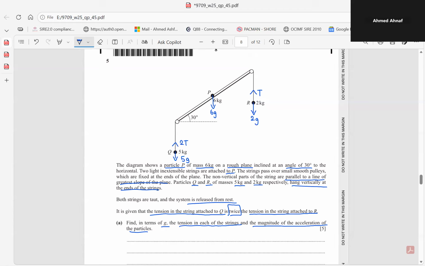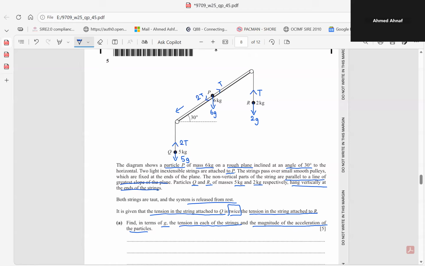Let's do it the same for P. So P, this part is going to be 2T. This part is going to just be T. And the system, when it's released, it's definitely going to move in this direction since 5 kg is heavier.